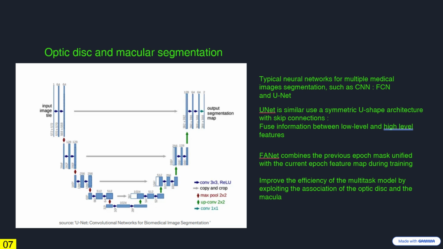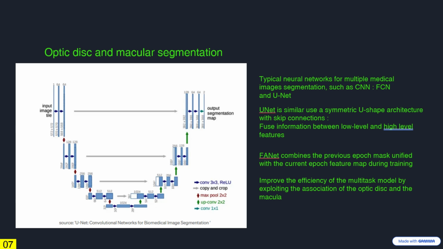UNet is one of the most popular frameworks in medical imaging. It uses a symmetric U-shape architecture, and the main idea is using skip connections, so it can fuse low level and high level features.